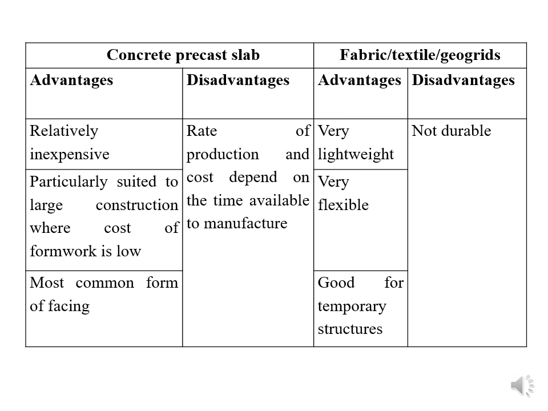But what are the advantages and disadvantages? For the concrete precast slab, relatively inexpensive, particularly suited to large construction where cost of formwork is low. Most common form of facing. Rate of production and cost depend on the time available for manufacturers. What does it mean?